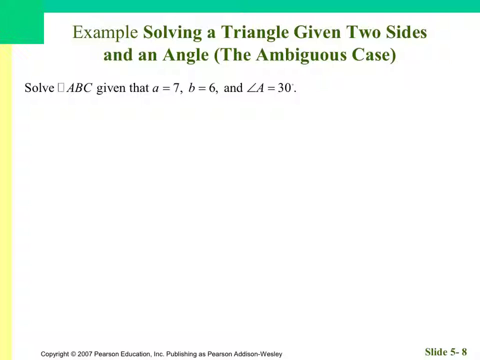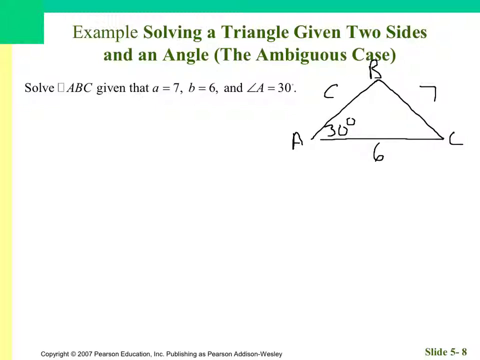Alright, solving a triangle given two sides and an angle. This is the ambiguous case. So here's the thing, if I draw this, I know that's 30. Here's b. Well, what do we know b is? 6. We don't know c. We know a is 7.